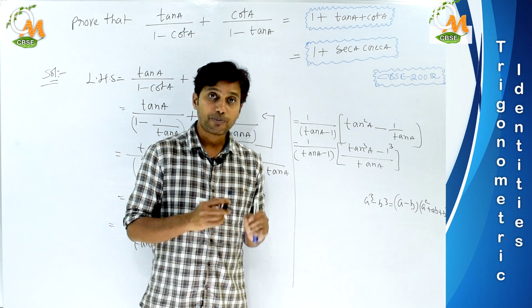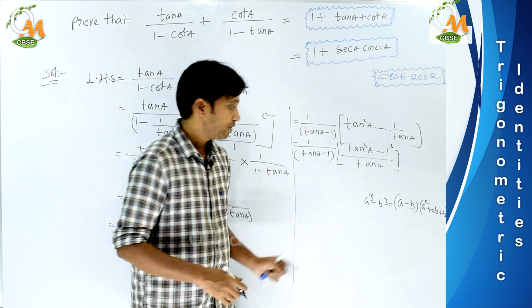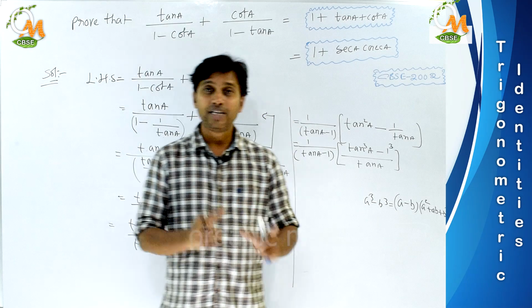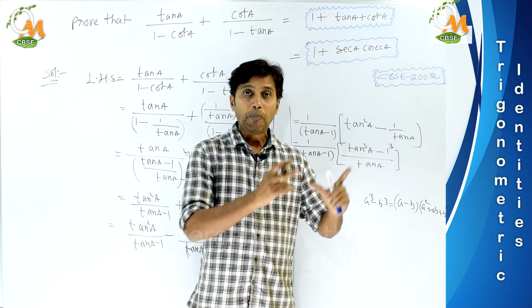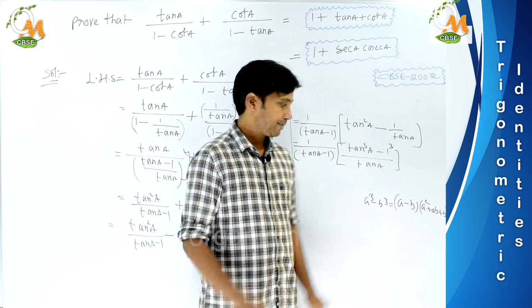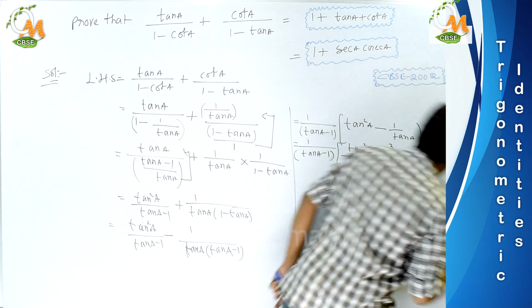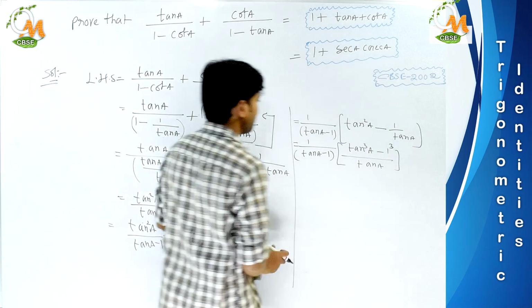You can say special product also. Understood? A cube minus B cube can be split into A minus B into A square plus AB plus B square. Understood or not? Okay, if you understood this, let us go for the next step.